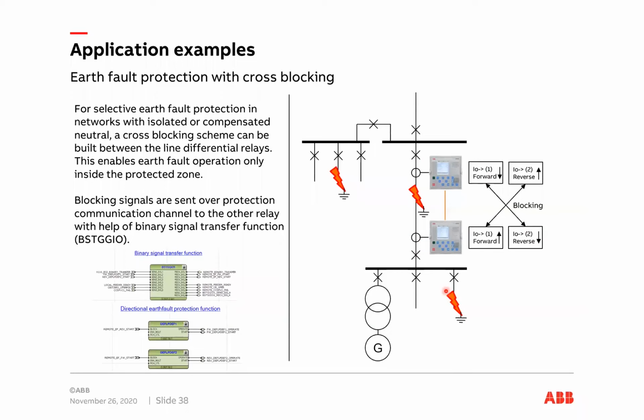And this can be done by using the binary signal transfer function. So we are sending the blocking signals over the protection communication link.